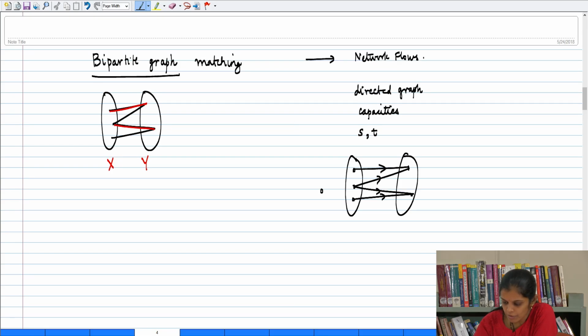Till here I have gone from an undirected graph to a directed graph, and now I am going to add two dummy vertices S and T. I am allowed to change my networks as long as I do it in polynomial time. In fact, one can do even larger changes, but here I am doing only a constant amount of addition.